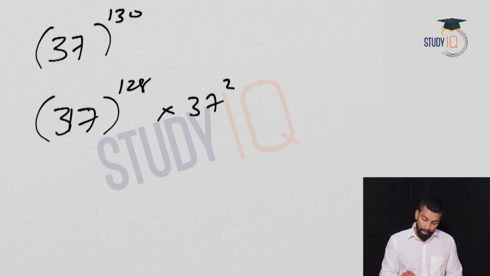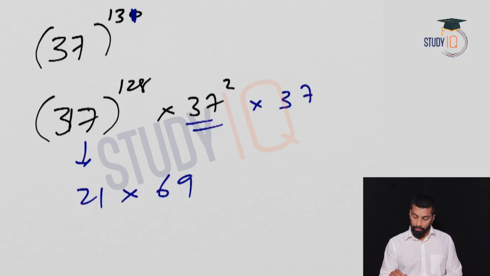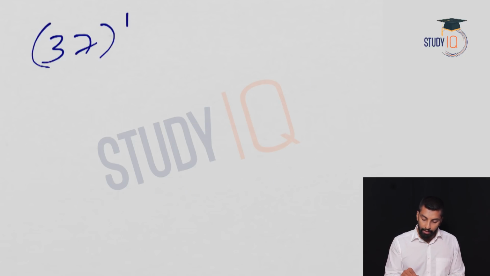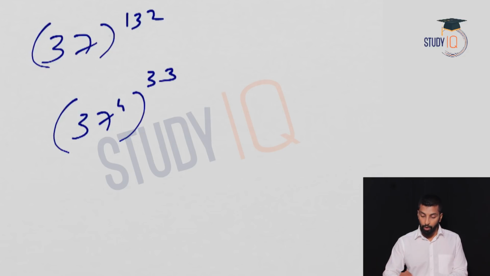So 37 raised to 128, you already got the answer. You can follow the method. You get 21 into this. Last two digits will be equal to 13 square. So 69. What if it is 131? You have one more 37. So multiply with 37. Next will be 37 raised to 132. That is nothing but 37 raised to 4 raised to 33. Now I hope you can solve it.